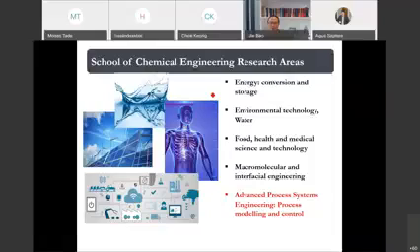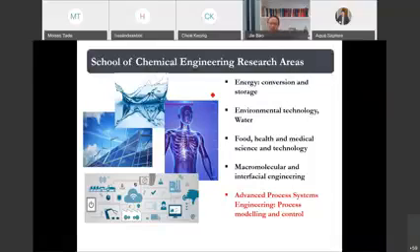In the School of Chemical Engineering, we focus on several research areas, including energy, particularly energy conversion and storage. We look at new materials for batteries, and one of the areas is flow batteries.